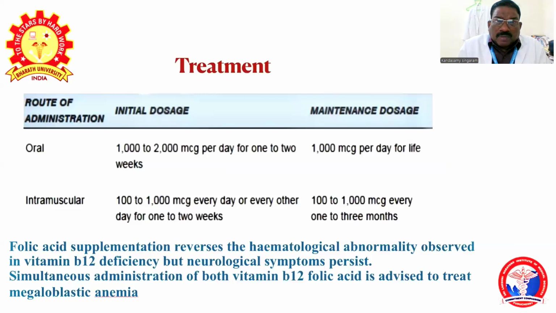What is the management of vitamin B12 deficiency? Oral dose: initial doses of 1000 to 2000 microgram per day for 1 or 2 weeks, whereas the maintenance dose is 1000 microgram per day for life.